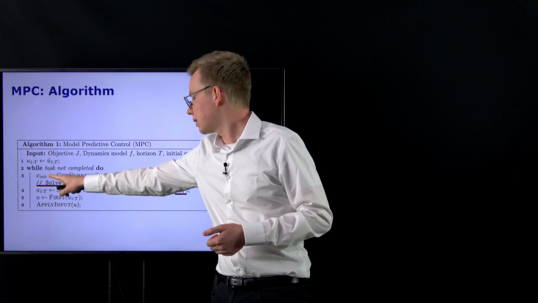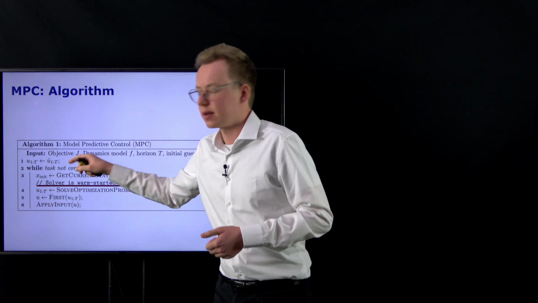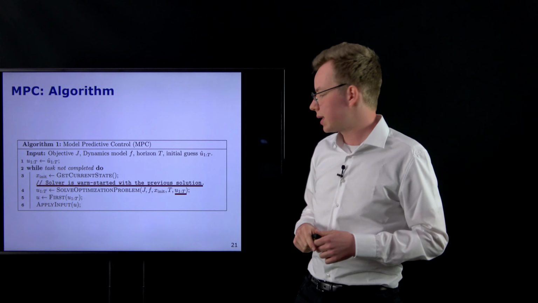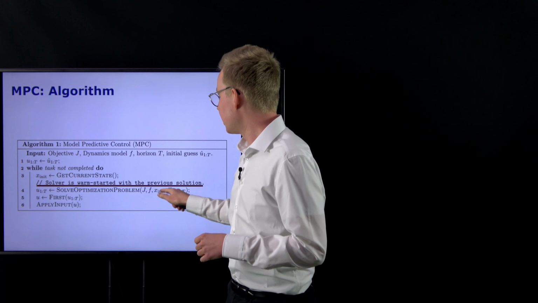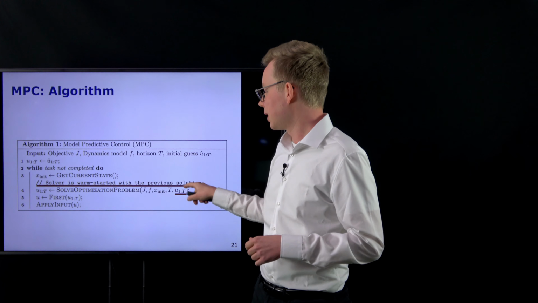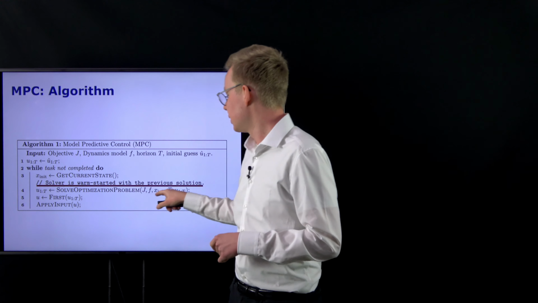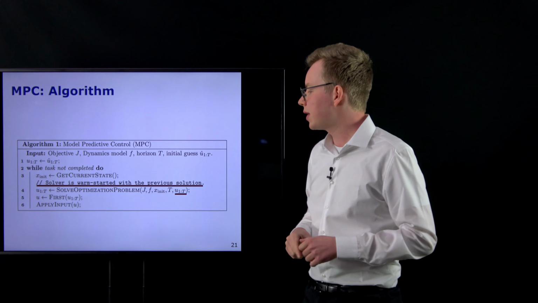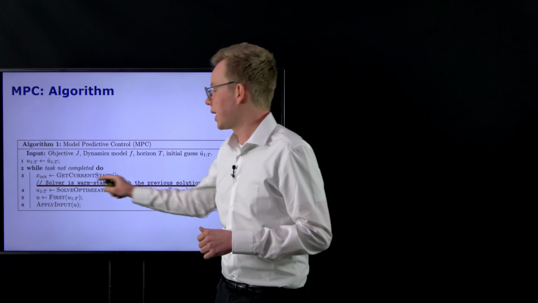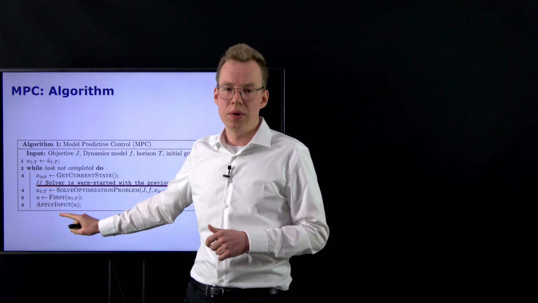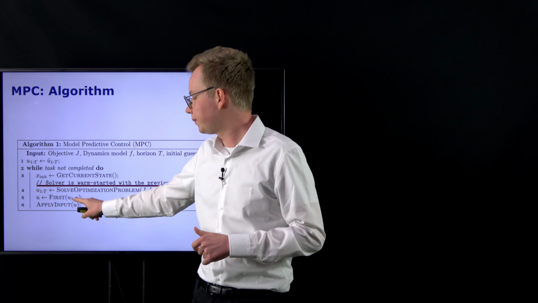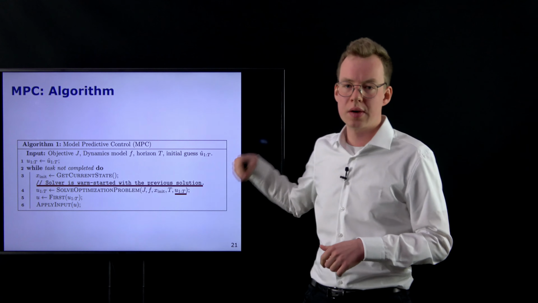We measure the state, getting the current state from the state estimation pipeline, and then we plug our current initial guess into the solver together with the objectives and the dynamics. Then we get the sequence of controls. We take only the first control input and apply that to the system, and then we start again.